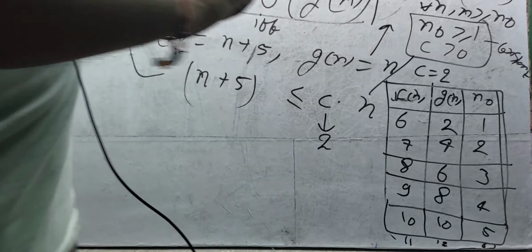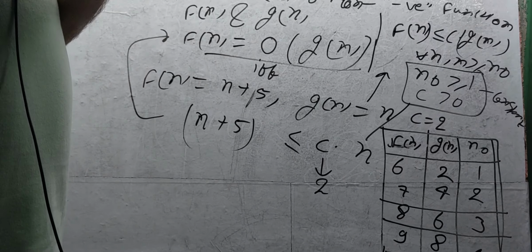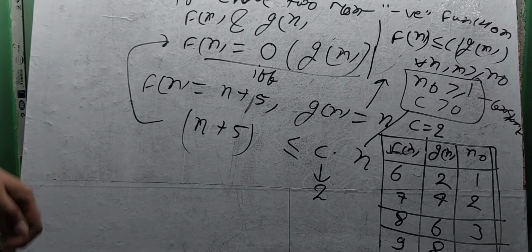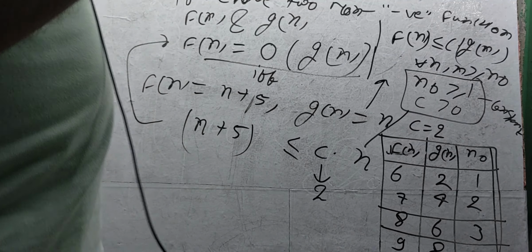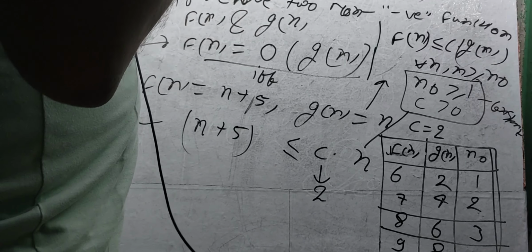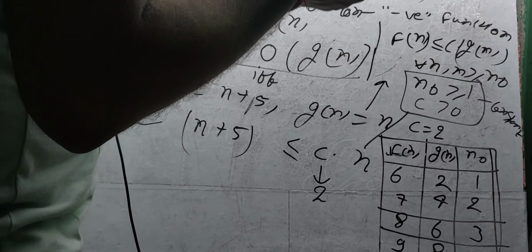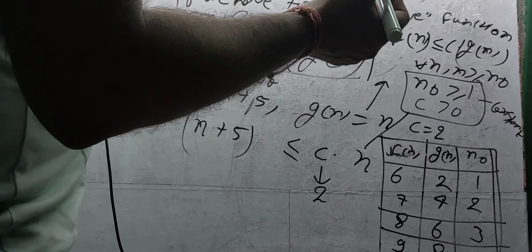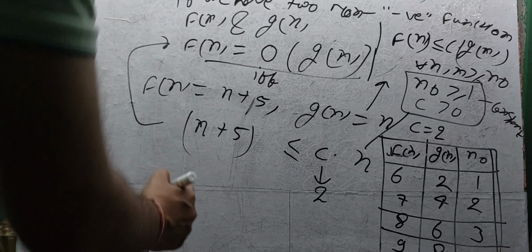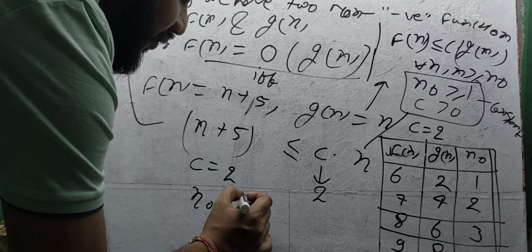Look, any value greater than n naught, that is here n naught value equal to 5, because at this value f of n and g of n are equal, so this is the n naught value, and any value greater than n naught we take, then g of n will be greater than f of n. So this way for this example, c equal to 2 and n naught equal to 5.